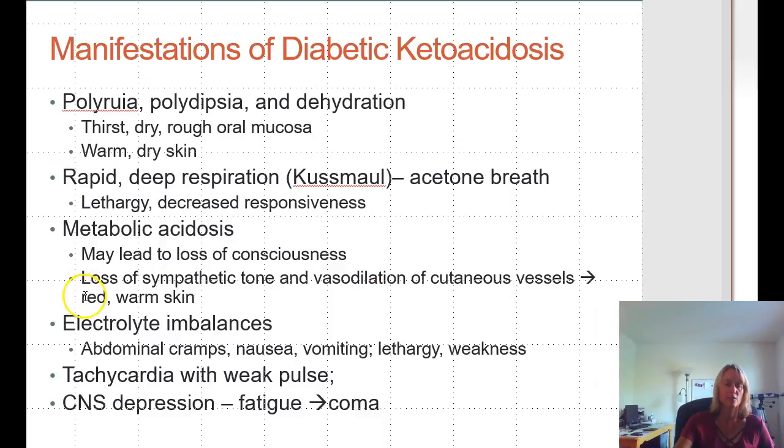So that results in the red, warm skin. Okay, so that loss of sympathetic tone that I mentioned was due to the acidosis. Electrolyte imbalances can cause abdominal cramps, nausea, vomiting, tachycardia, and weak pulse, as well as CNS depression that can range from fatigue eventually to coma.